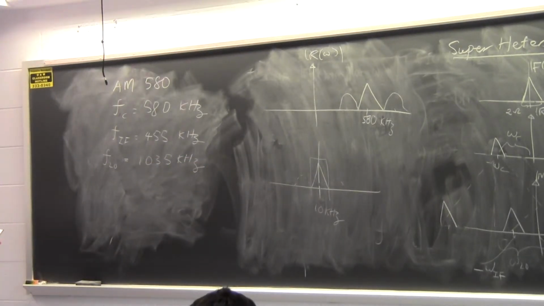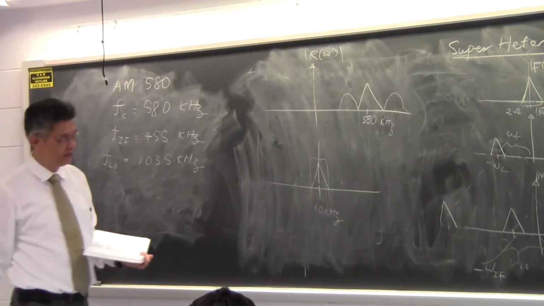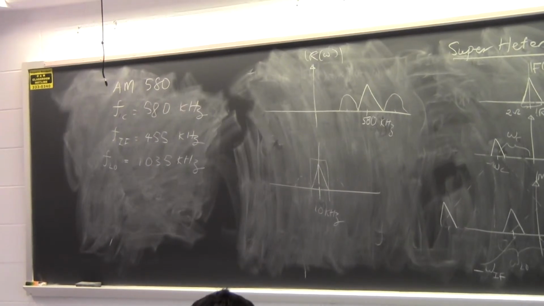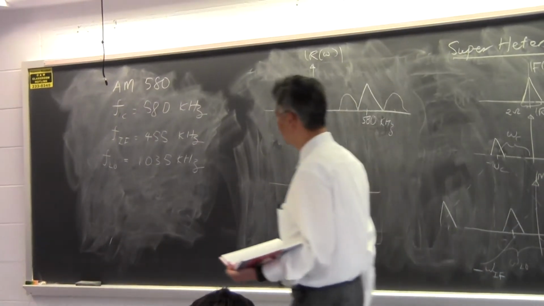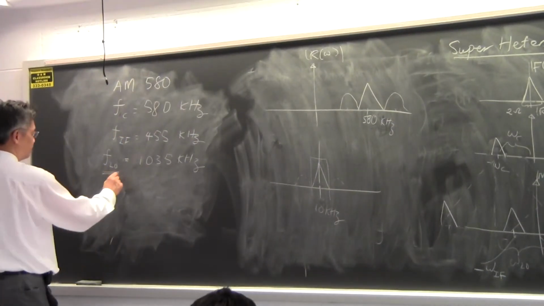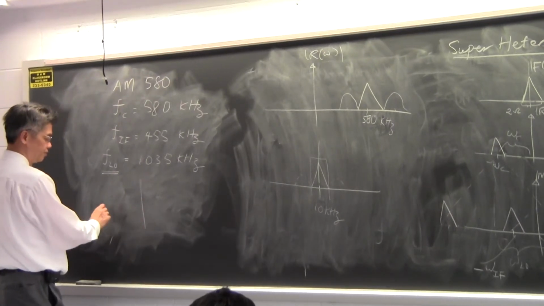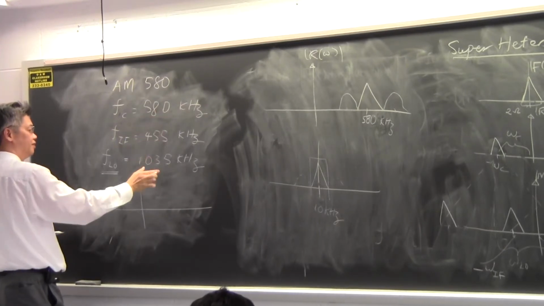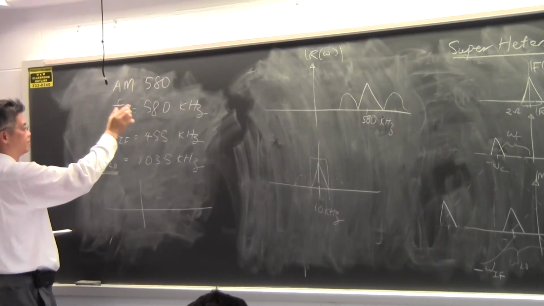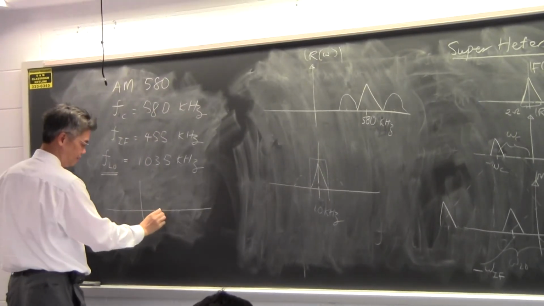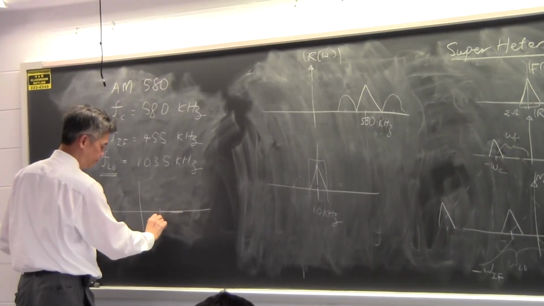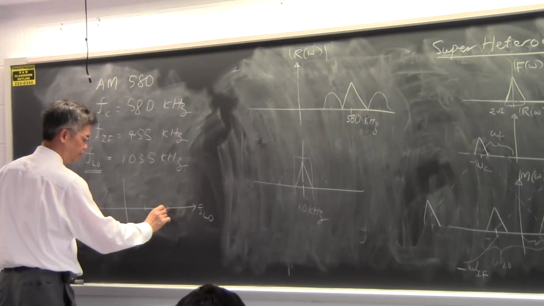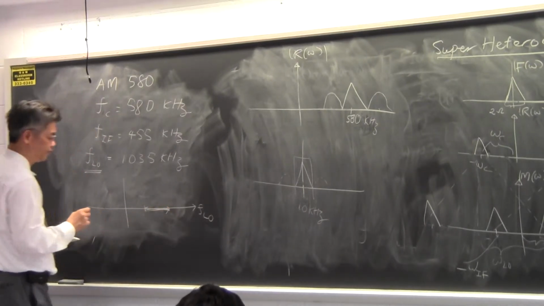Because you make the local oscillator frequency larger than the carrier frequency, as the carrier frequency changes, your local oscillator frequency needs to only go over a smaller dynamic range. I don't know if you can see this. Say if the carrier frequency changes, because you make the local oscillator frequency larger, the local oscillator frequency needs to only go over this range, which is a smaller range.